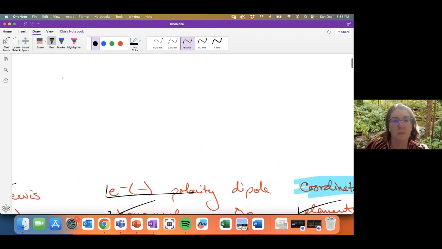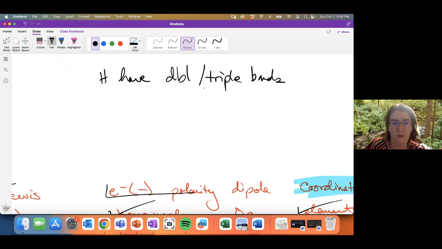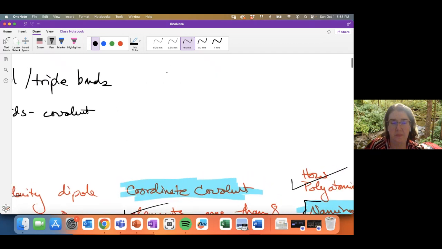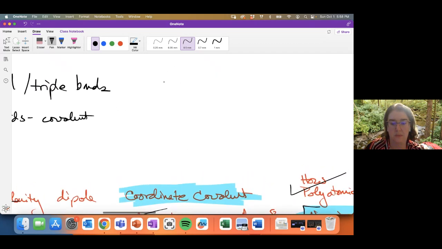So the first one is, can hydrogen have double, triple bonds in a Lewis structure? Are all binary acids covalent? Are acids just determined by H being in the front acting as a metal? Why is HCl not called hydrogen monochloride? Are we responsible for knowing how to work with 3 elements formed to make a compound?